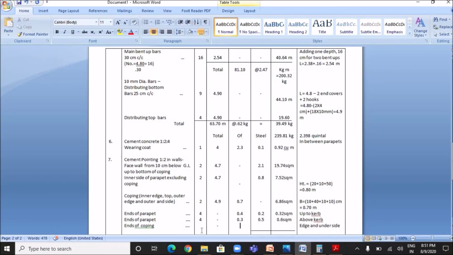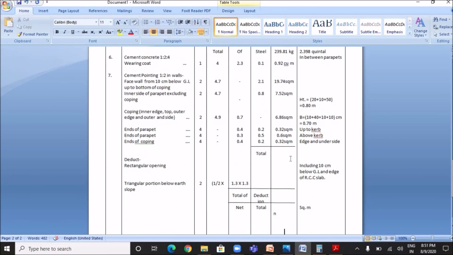Okay, so I'm going to fill it as 4, 0.4 breadth, height is 0.2 and this quantity is 0.32 square meter, and this total quantity would be 35.36 square meter.